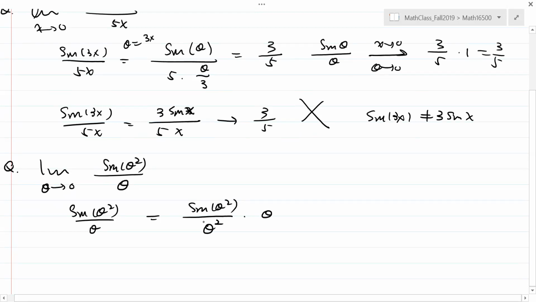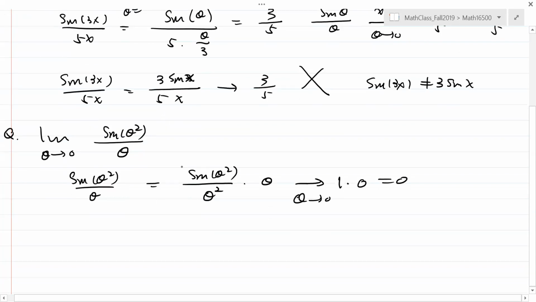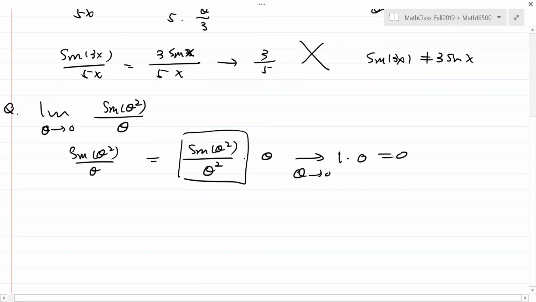And when theta approaches 0, theta squared approaches 0, right? So sine theta squared over theta squared is the same form, so that approaches 1, times theta, which approaches 0. Because this limit is 1. Okay, so the answer is 0.